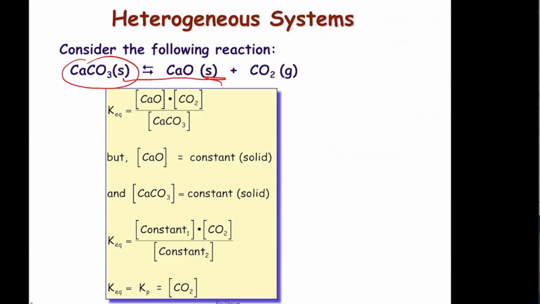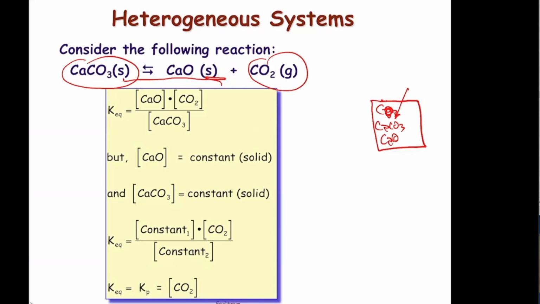The concentration of calcium oxide doesn't change because it's solid. The concentration of carbon dioxide is going to change because let's say that that reaction happens to be occurring right here in this container. So calcium oxide, calcium carbonate, and carbon dioxide. So your moles of carbon dioxide is increasing, but the volume is fixed. That means that the molarity is going to increase.